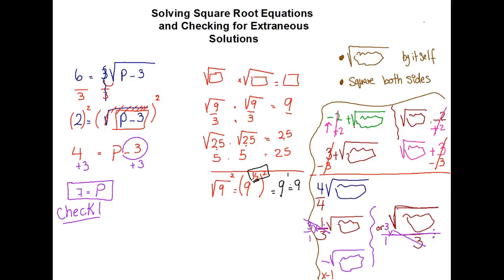You go back to the original problem. You plug in whatever value you have for p. Don't forget your square root. Now evaluate. 7 minus 3 is 4.